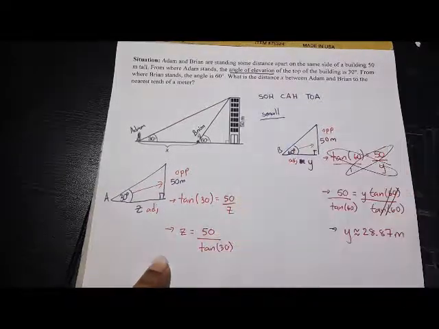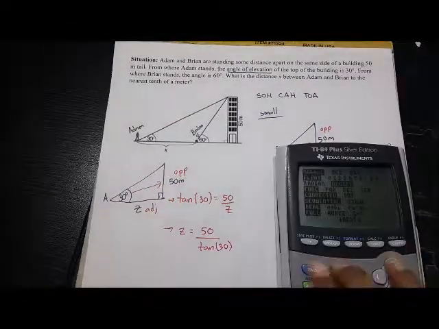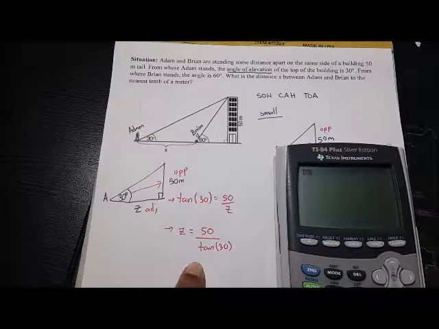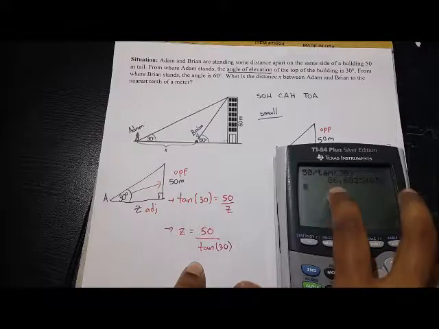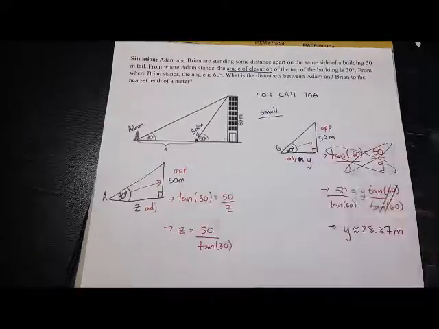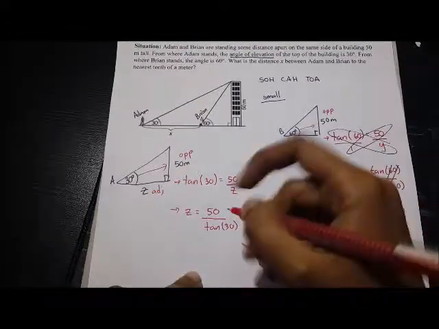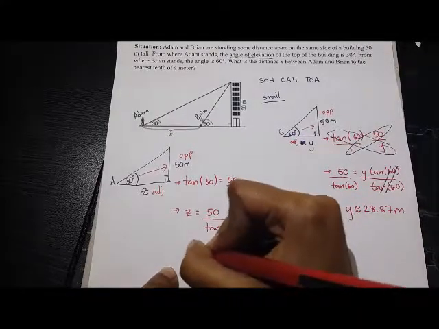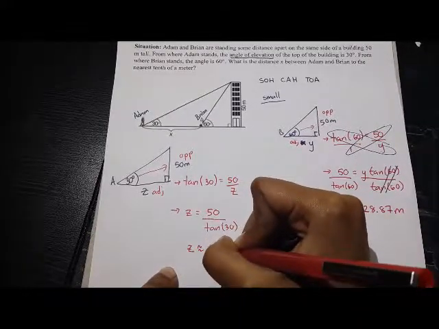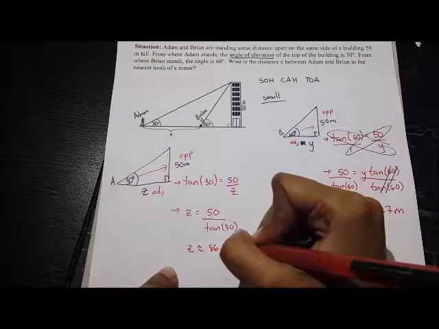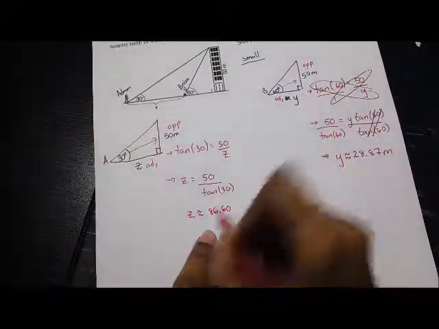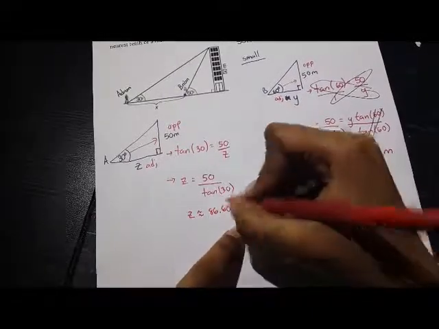And then on the calculator, I can write 50 divided by tan 30. And that'll give me 86.60, rounded to the nearest hundredths place. So then Z is approximately 86.60. I didn't mean degrees, sorry, 86.60 meters.